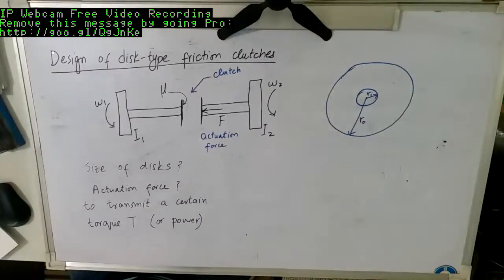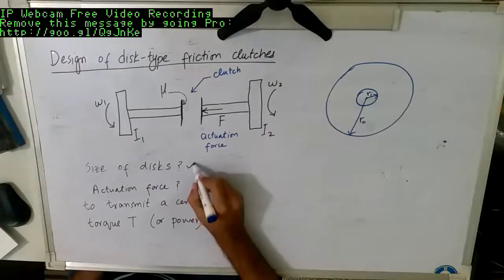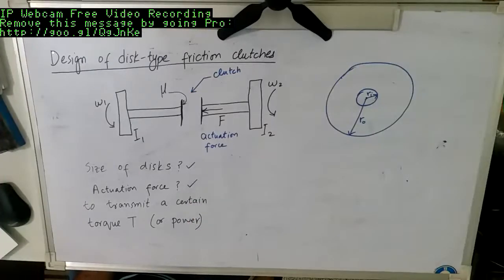So we have to find out the size of the disc and the actuation force which will be required so that it transmits the required torque that needs to be transferred between these two elements. This is our objective in all types of clutch design generally.